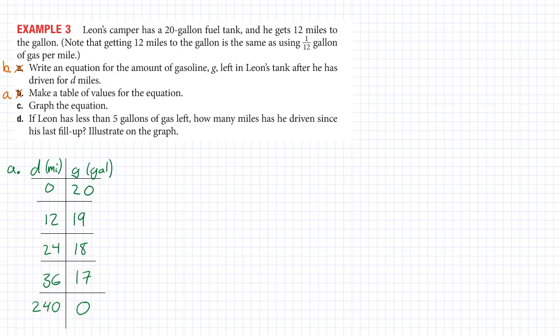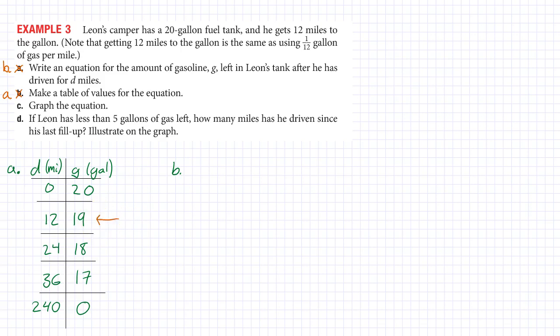So that's part A. Now to do part B, which used to be part A, to write an equation for this, let's think about how did we get this number 19, this number 18? What did we do with the number 12?